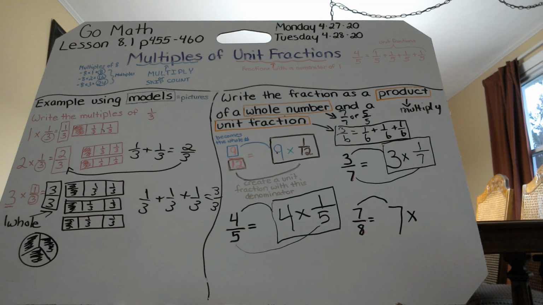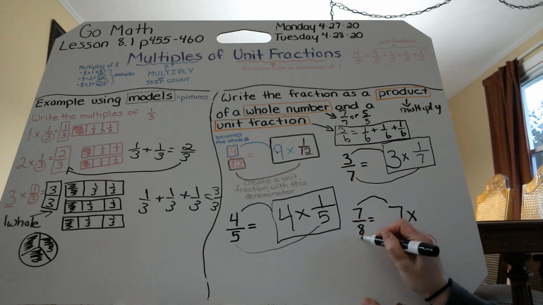And now the last part is my unit fraction. What is special about a unit fraction? What does it always have as its numerator? That's right, it always has a 1. And I think we get our denominator by doing what?